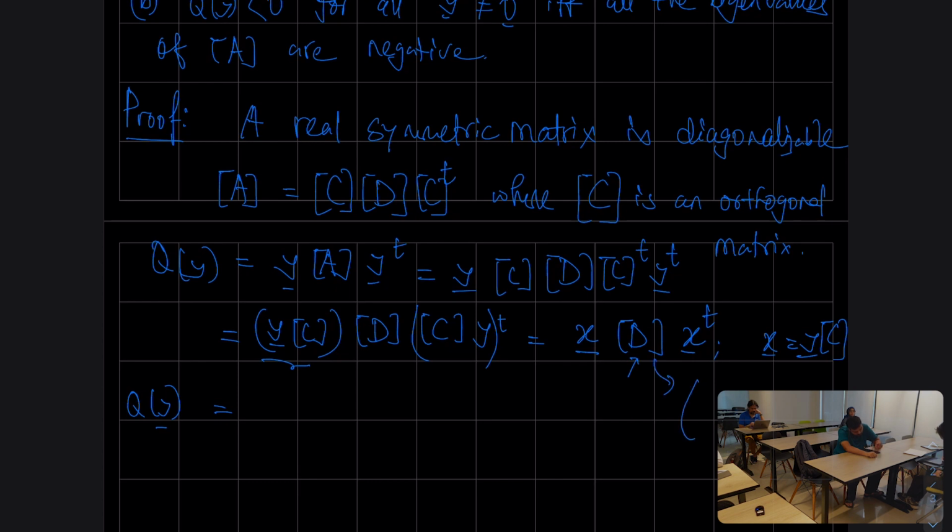It's possible to take the commonality of the transpose, C matrix plus C transpose multiplied Y transpose. I think I made a mistake. Yeah, this should be this. Sorry, transpose switches them.